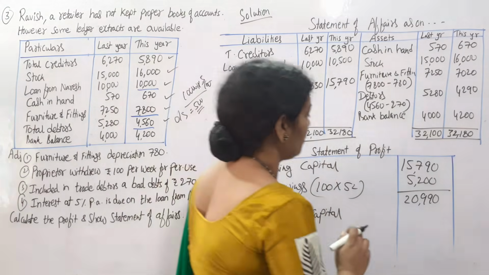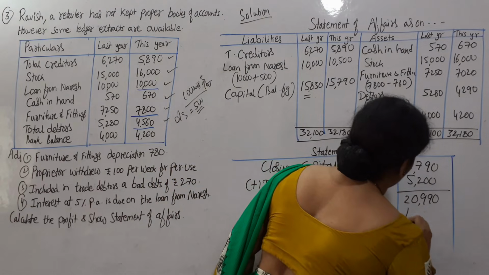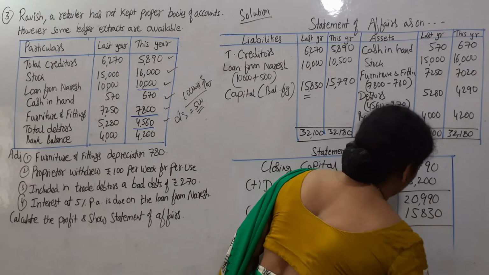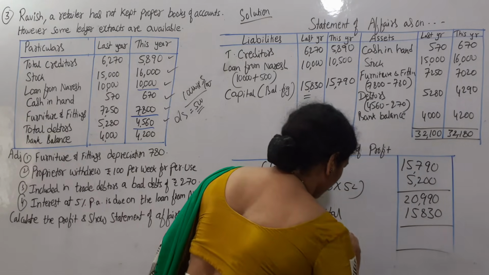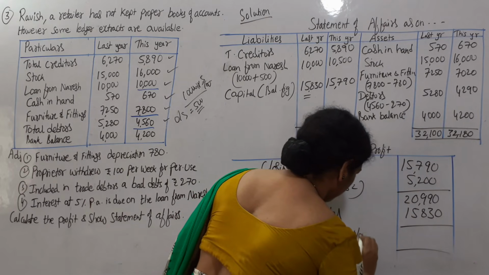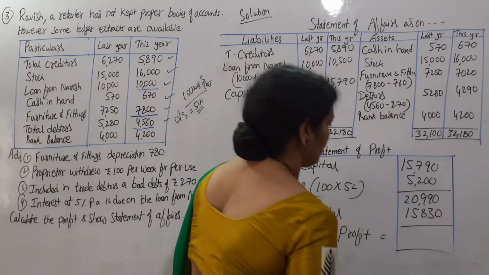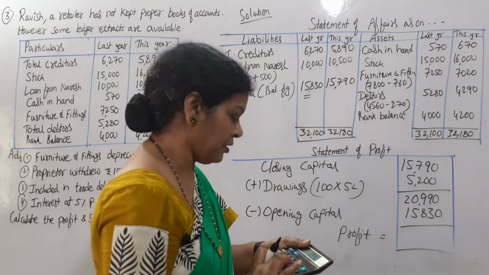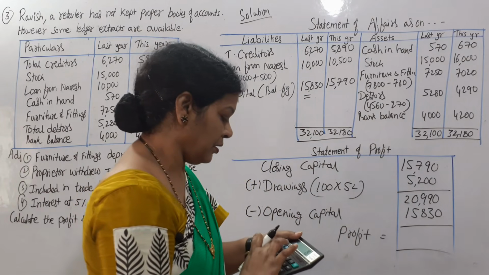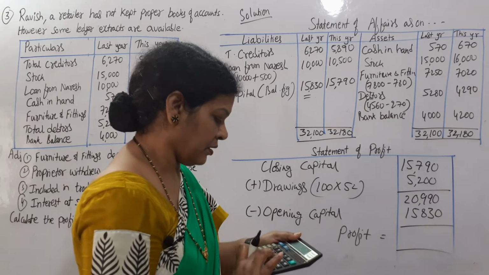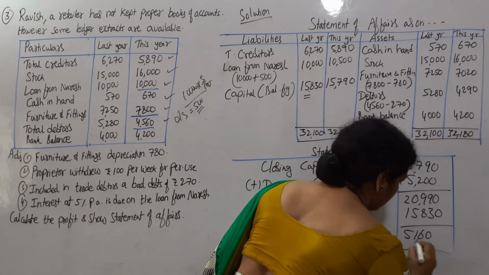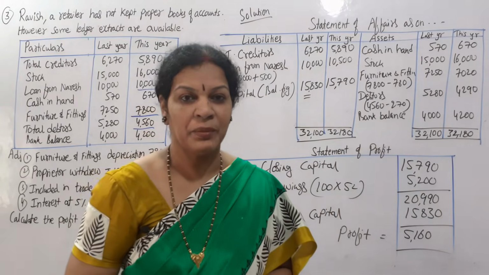Opening capital is 15,830. If you deduct, you will get profit. 20,990 minus 15,830 comes to 5,160.